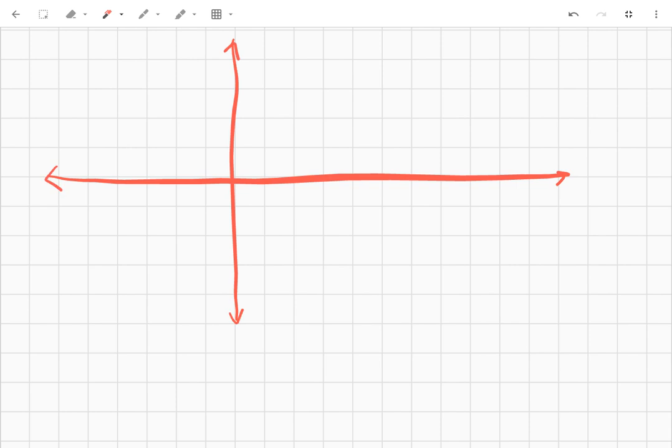Trigonometric functions are associated with a right-angled triangle, and this is the most basic idea. Say this angle is theta, this is 90 minus theta.